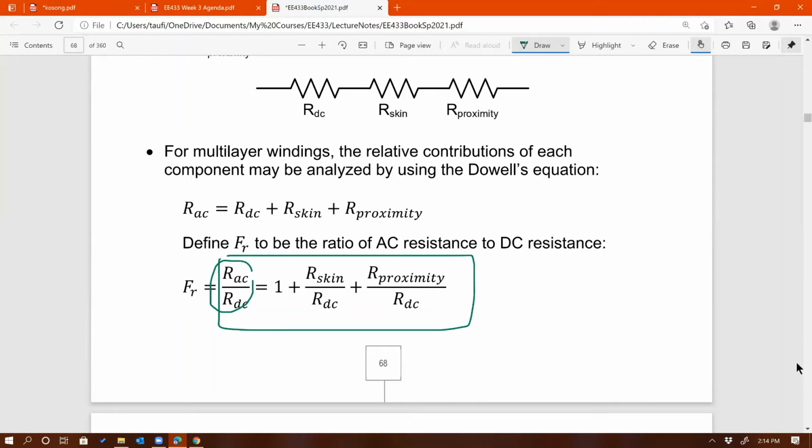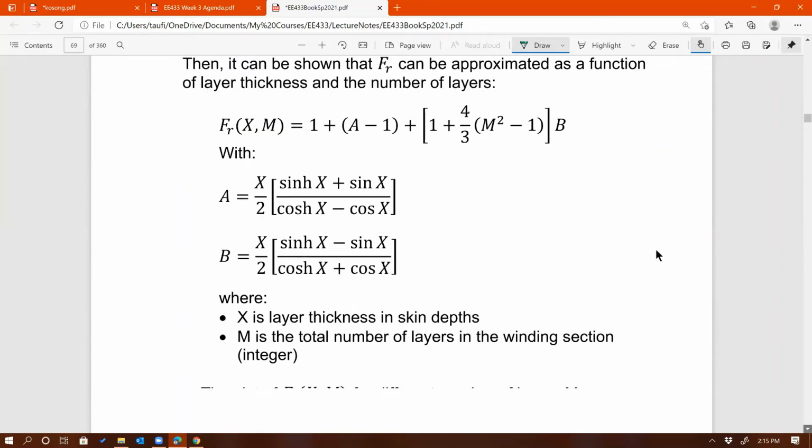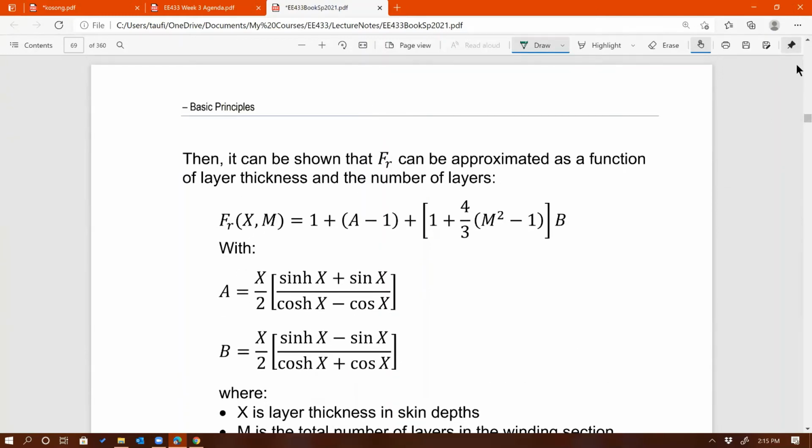And this is a function that this tool that we have next, we will look at. So it can be shown that since all of those are a function of frequency, except for the DC resistance, then it can be shown, I actually have the paper that shows the derivations. It was very long derivations.